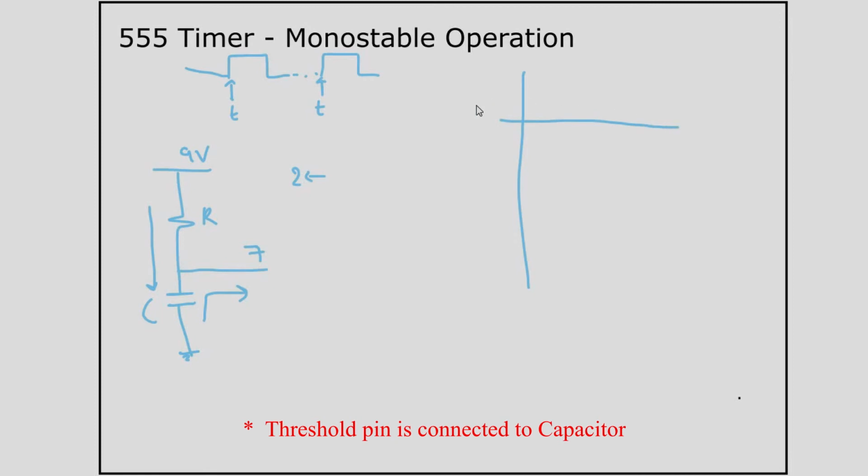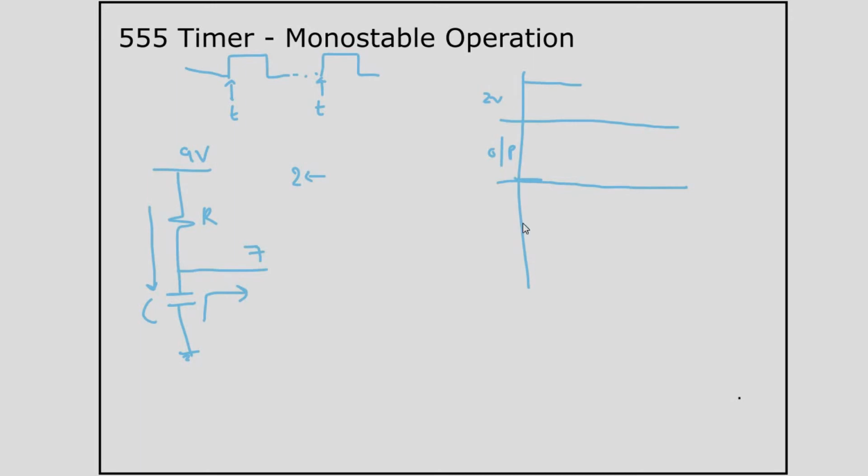So start with the pin number 2 voltage. This should be maintained at high. And this will be your output. Output will be low initially. After all the initial transitions, the voltage across the capacitor will build up to 6 volts. It will then discharge into pin number 7, then come back and settle at 0 volts.